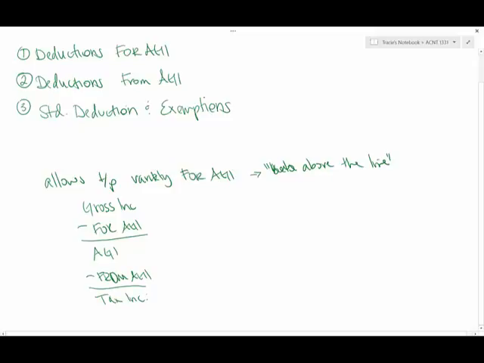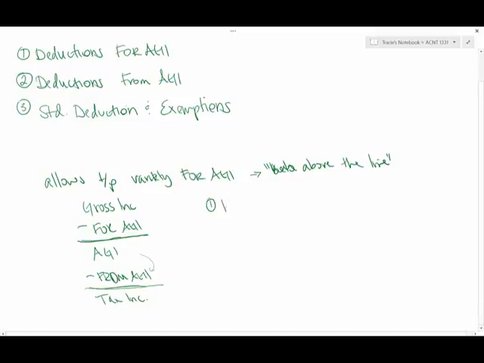FOR AGI deductions are called above the line because they are above the calculation for AGI. FROM AGI deductions are called below the line because they are below the calculation of adjusted gross income. Now there are 3 main types of deductions that are classified as FOR AGI deductions.